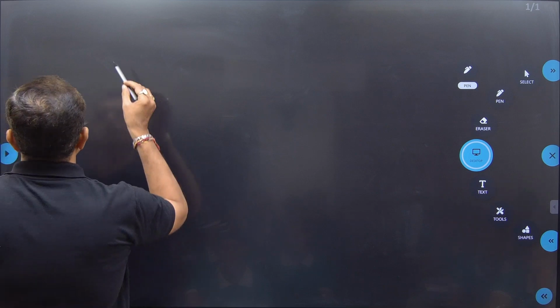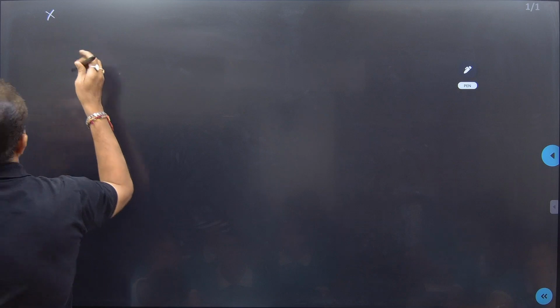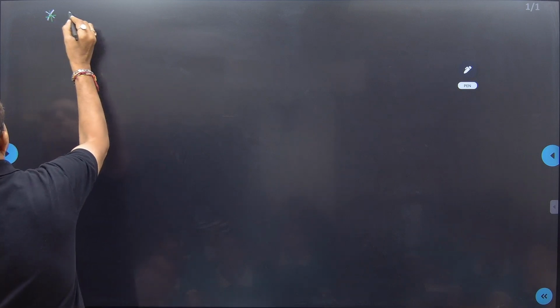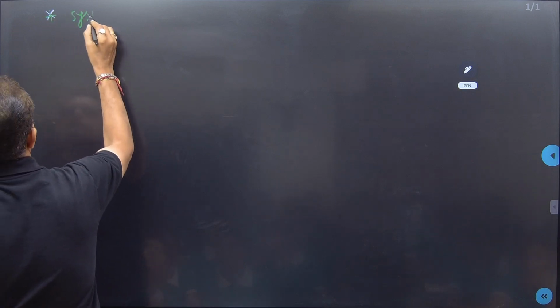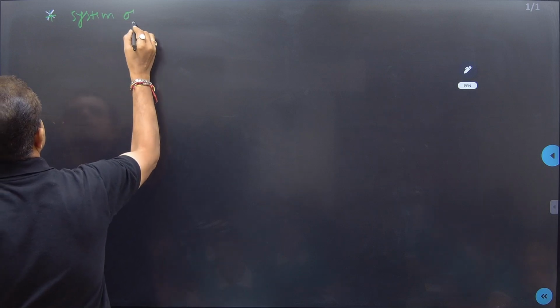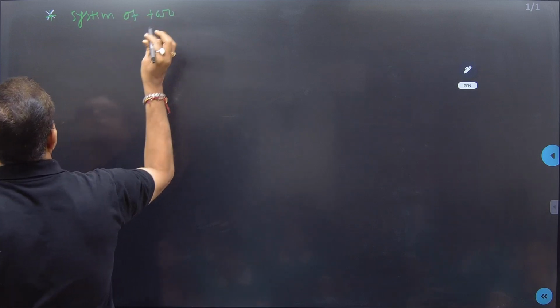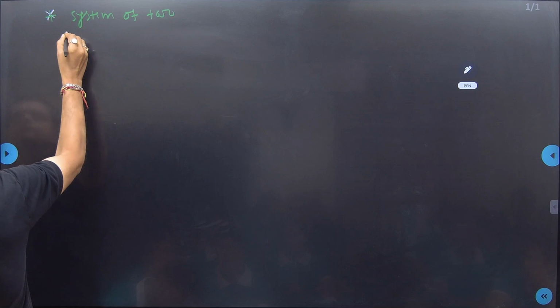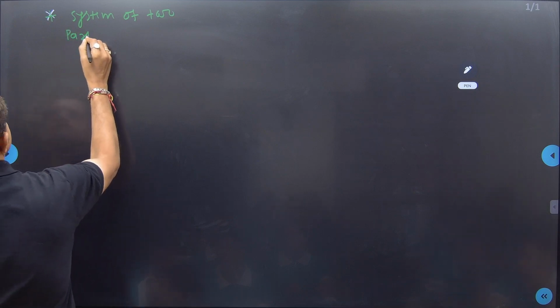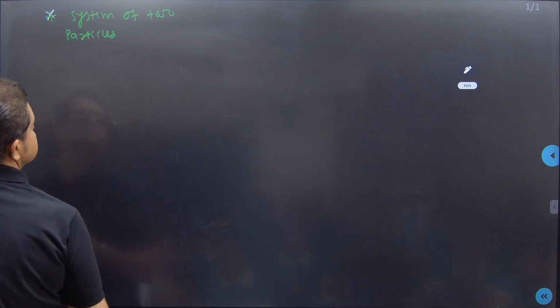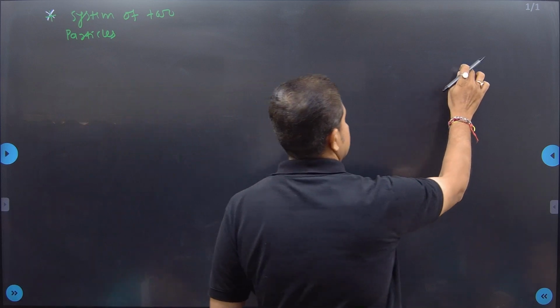So first of all, for system of particles, we will consider a system of two particles. Okay, system of particles.